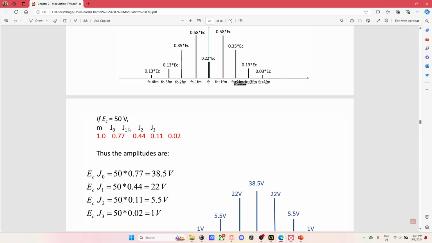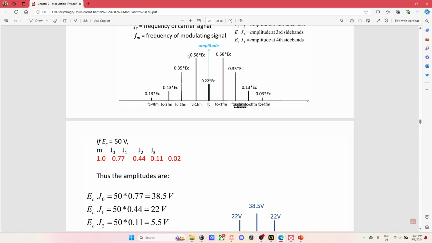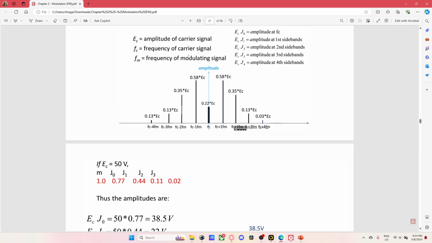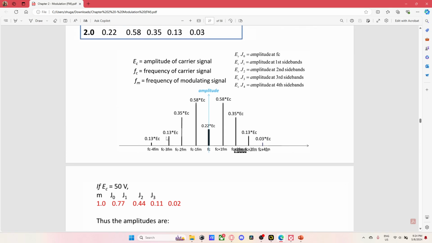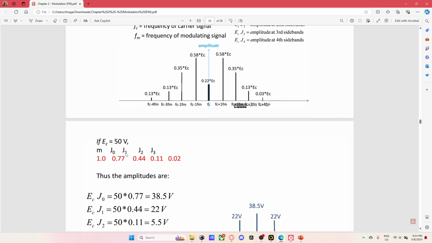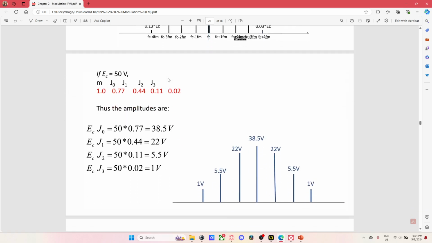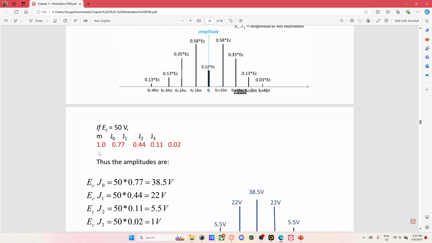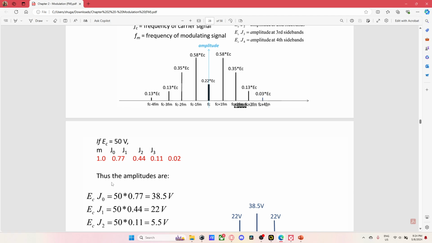Okay, if Ec is equal to 50, as you can see from this value over here, we are trying to search for another value, the voltage value. When Ec is given as 50 volts, we will use the values from J0, J1, J2 and J3 for your voltage value.